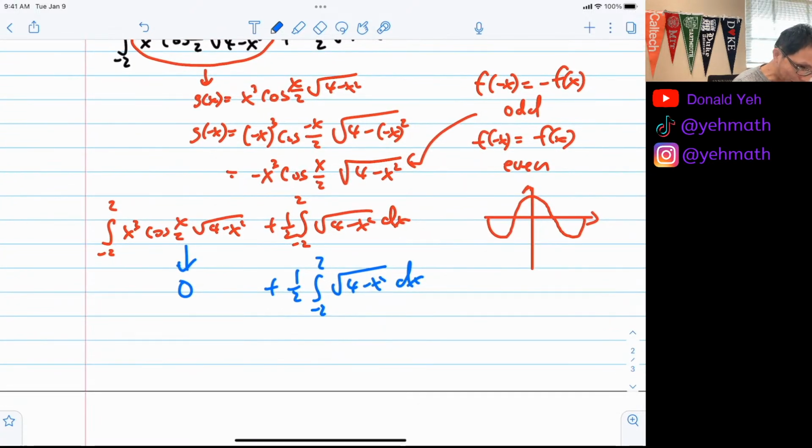That's equal to 2 pi times half, which equals pi. So the answer is 3.14. That was the password.